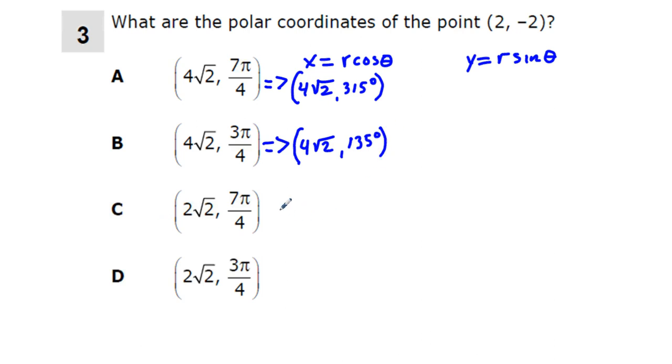And 7 pi over 4 is going to be, so you have 2 square root of 2, comma, 315 degrees. Finally, we have, converted into degree form, 2 square root of 2, comma, 135 degrees.